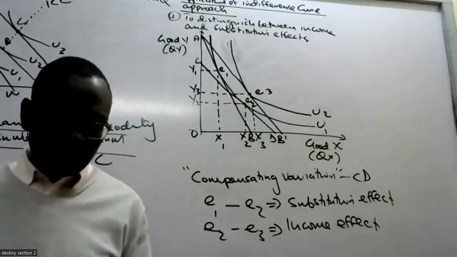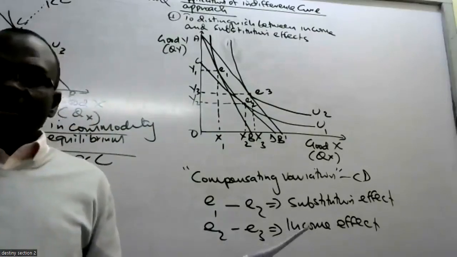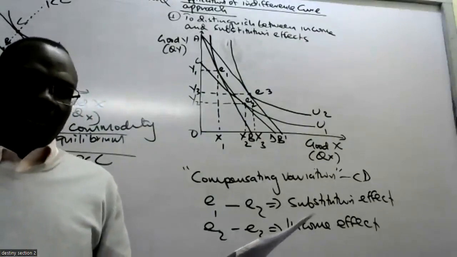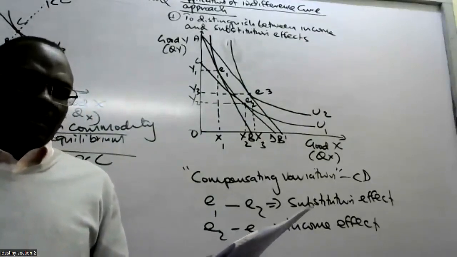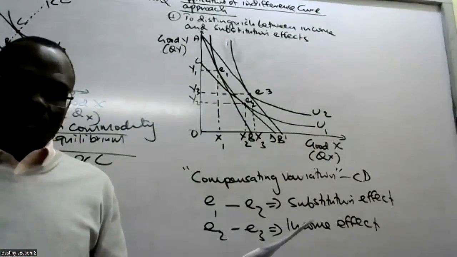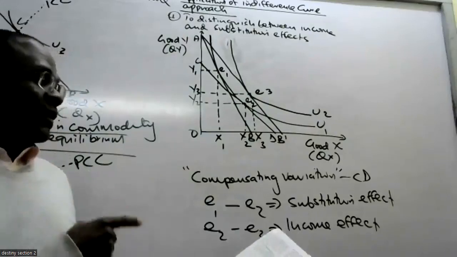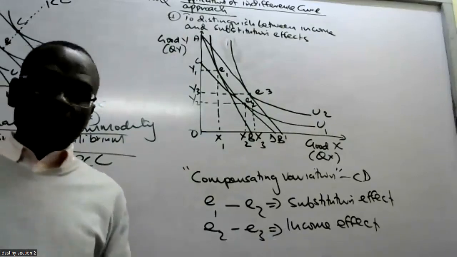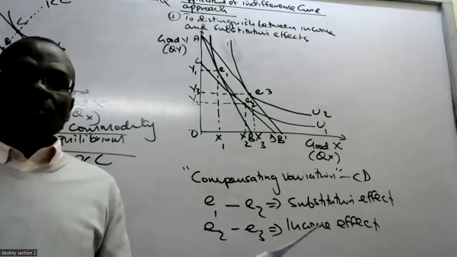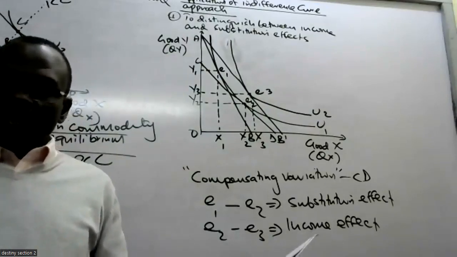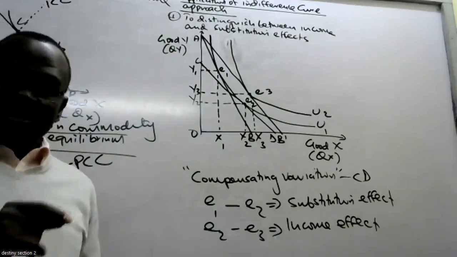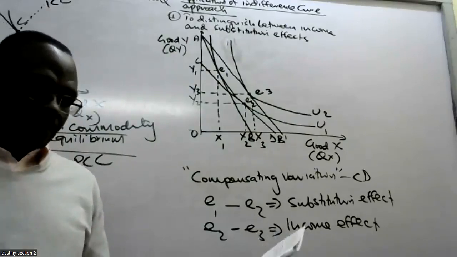First, to eliminate the income effect, you assume that accompanying the fall in the price of commodity X, there is a compensating variation. So when the price of X is falling, something compensates, so that the consumer remains on the same level.